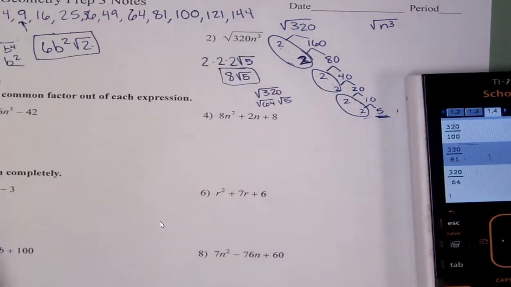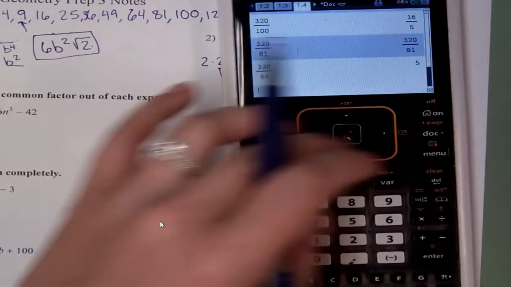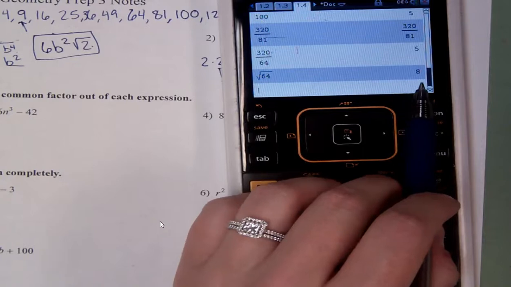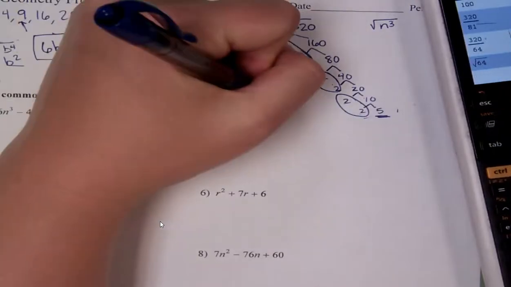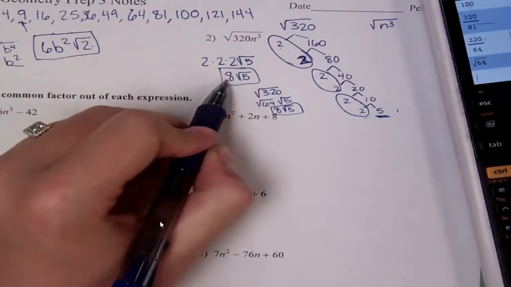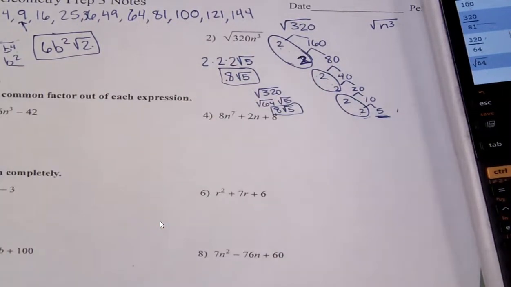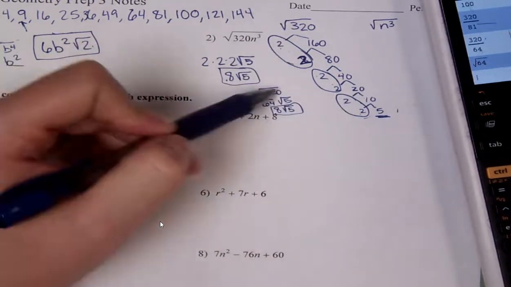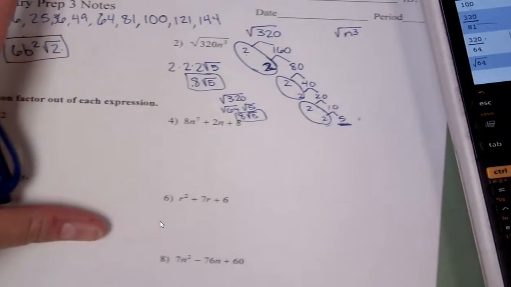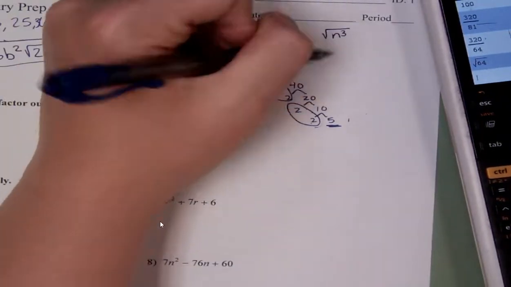And then the perfect square, so the square root of 64 is 8. Okay, so if you take the square root of that, you get 8 root 5. And that's the same as that. So those are the 2 different ways. Obviously, you don't have to do it both ways, but just pick a way. You can either do it by factoring, or you can use your calculator to find the largest perfect square and simplify.